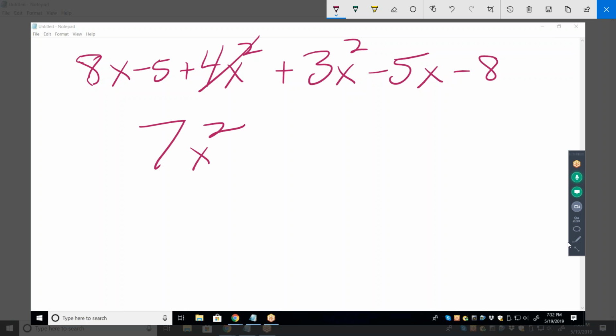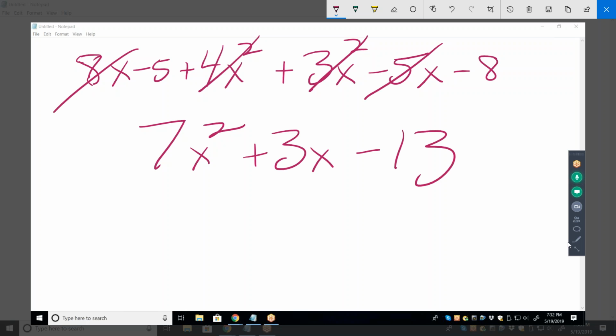That gets rid of that one and that one. Now what? Plus 3x gets rid of that one and that one. And then it'd be negative 13. Yeah. And the reason I said start with the highest is because when you write polynomials, they want you to write the highest degree first, the next highest second, and the constant last. Okay?